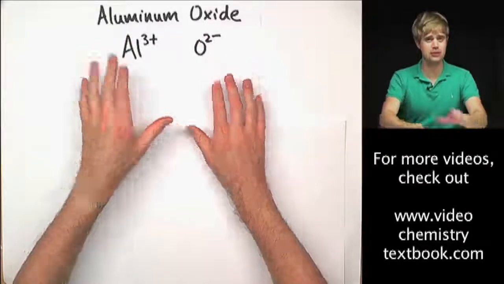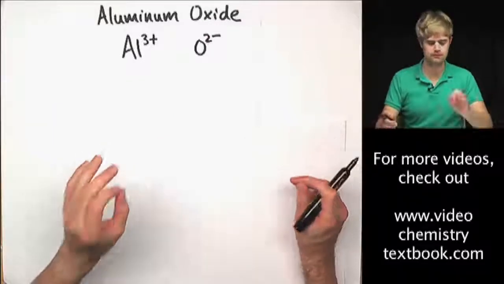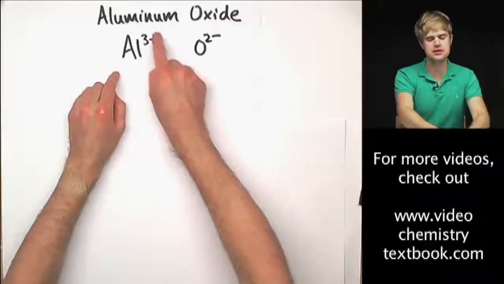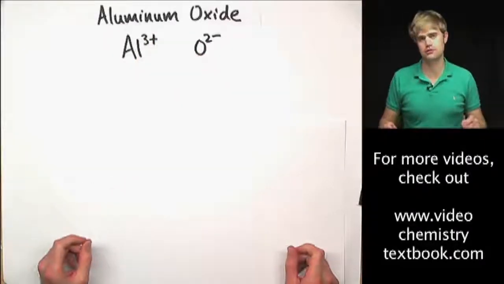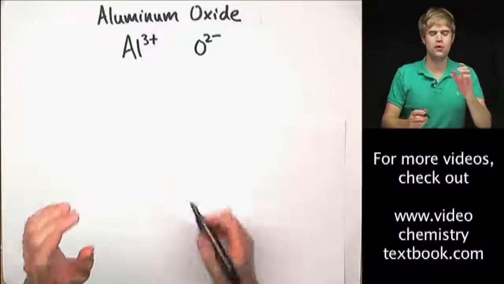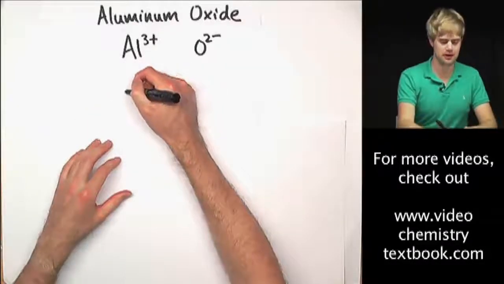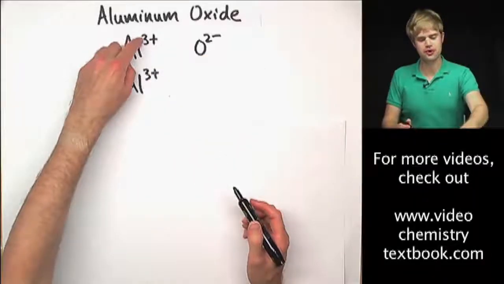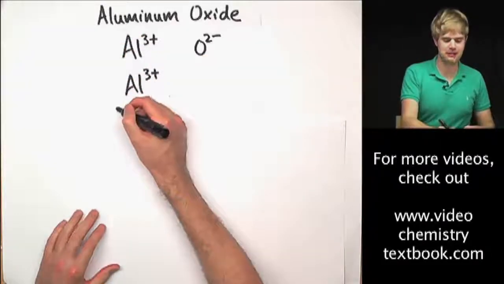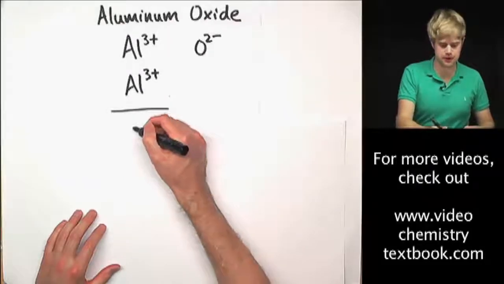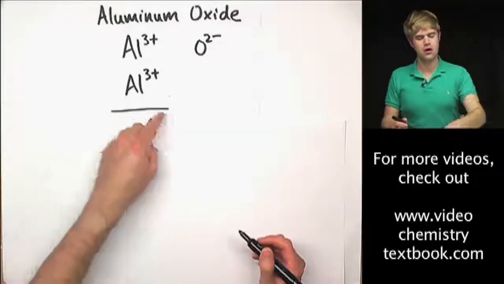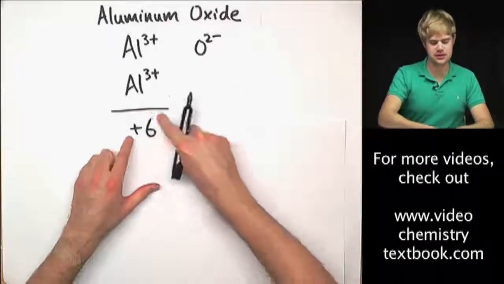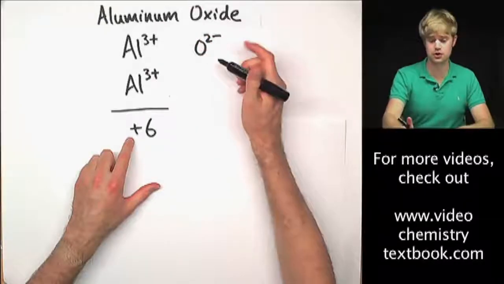And this example is a little bit trickier than the ones before. How are we going to be able to add atoms to get the same number of positive and negative charge? Let me give you a hint. We're going to start by adding another aluminum atom in here, or aluminum ion to be precise. So now I have 3 plus here and 3 plus here. Each aluminum atom has a charge of 3 plus. So I have a total of 6 plus. Now I can balance out the 6 plus by adding more of the oxygen.